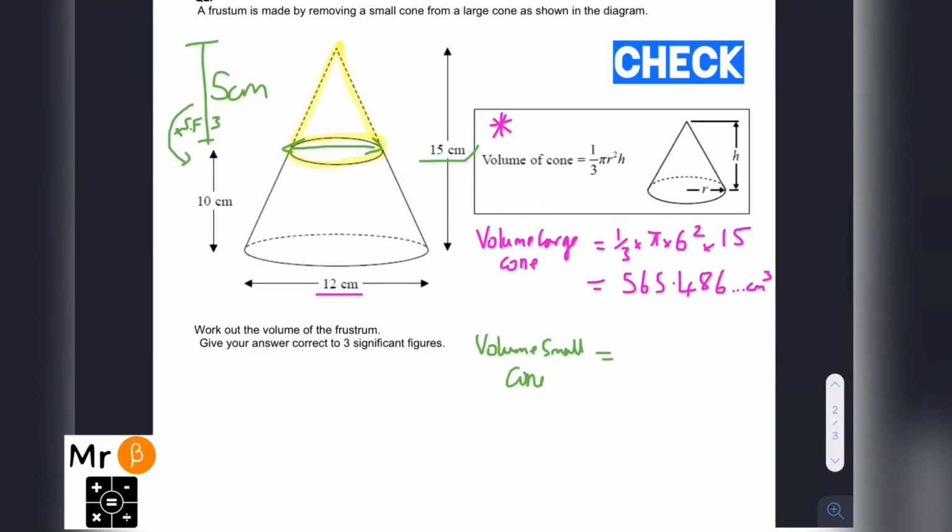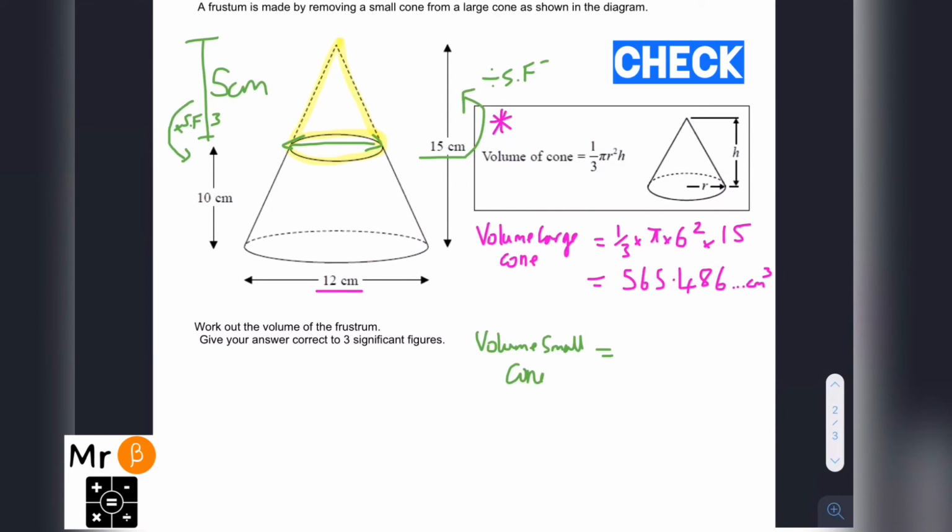And to reverse this process, we need to divide by that scale factor of 3, because 5 times 3 is 15, 15 divided by 3 is 5. So now we've done that, we can work out what our diameter is. So to go from our large to our small, we divide, so 12 divided by 3 is 4, therefore our radius must be half of that, 2 centimetres.